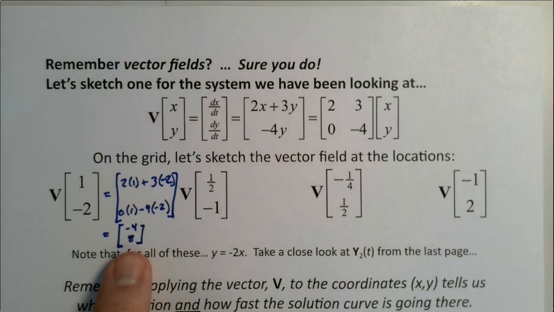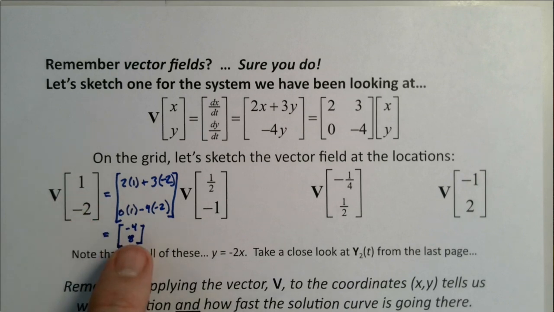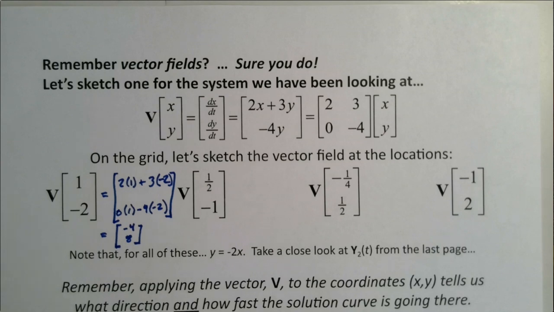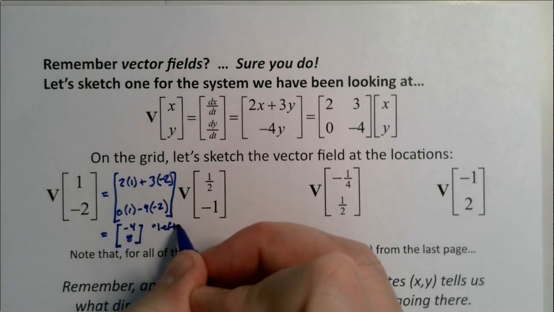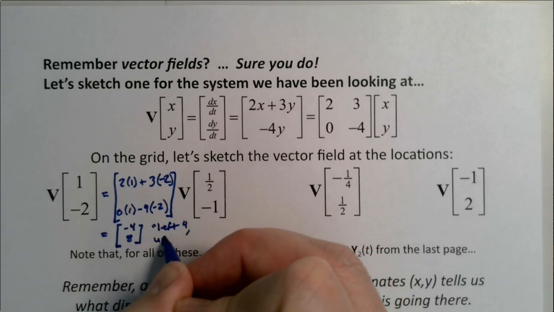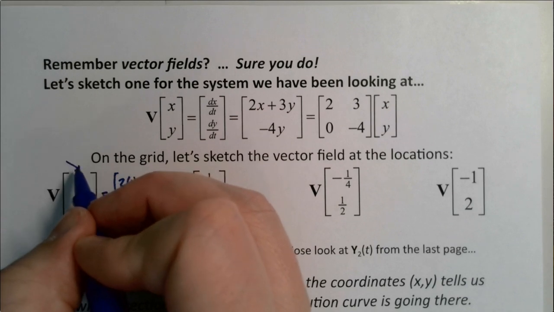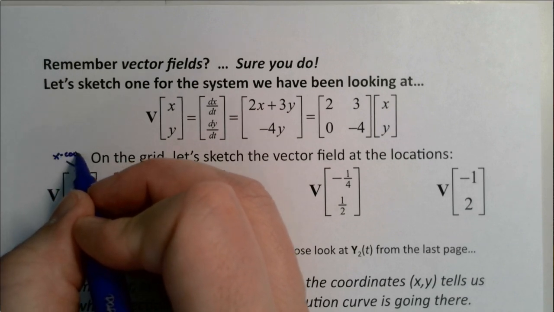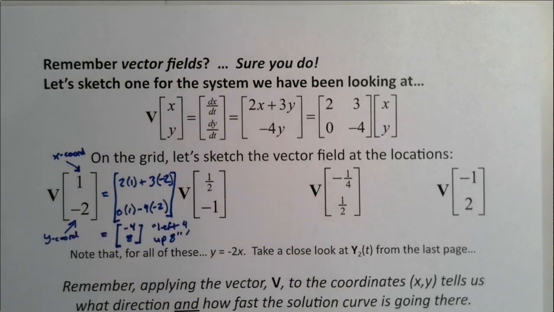So what this is telling us is at the coordinate (1, negative 2) on the phase plane, the vector field value is pointing in a direction that's left 4, up 8, right? And remember, these are the x coordinate and the y coordinate on the phase plane.